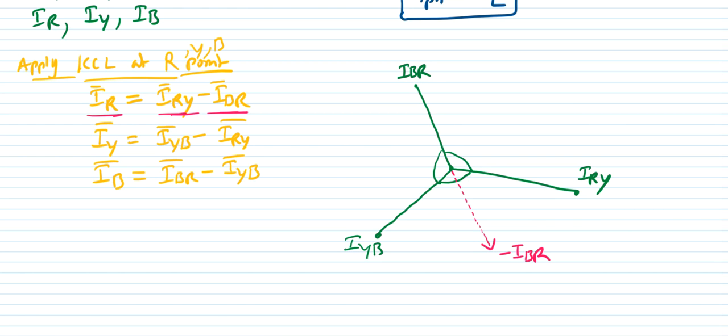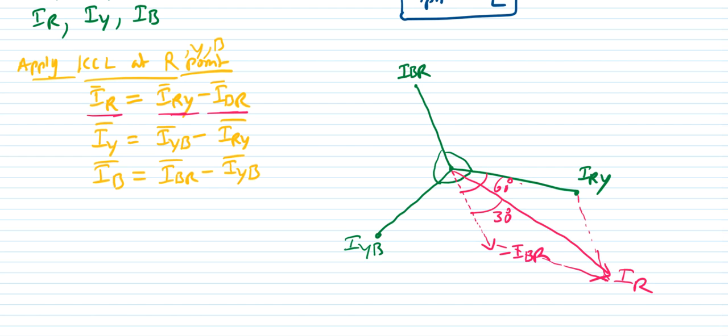Adding this vector and IRY gives me my IR. Now, what is the angle between these two? It is 60 degrees. And what is the angle here? It is 30 degrees.